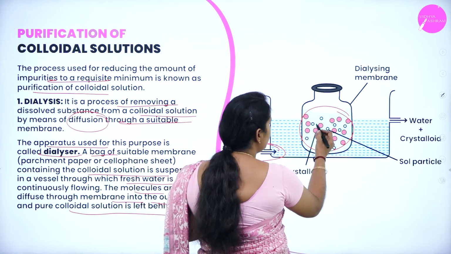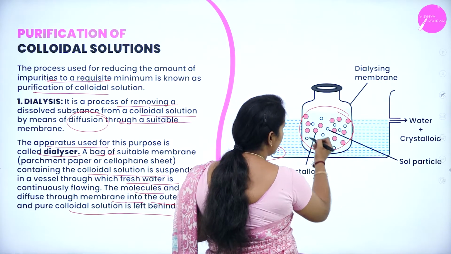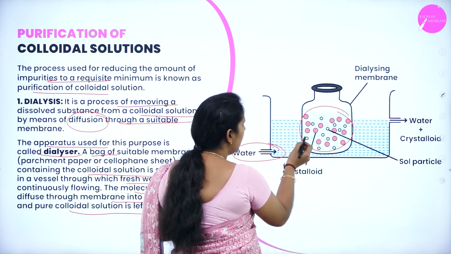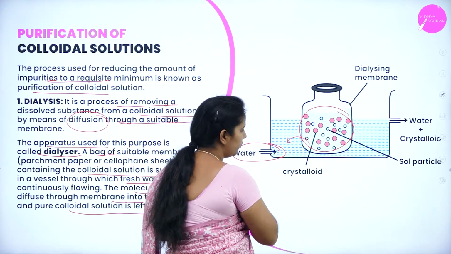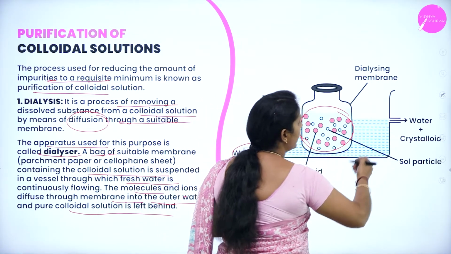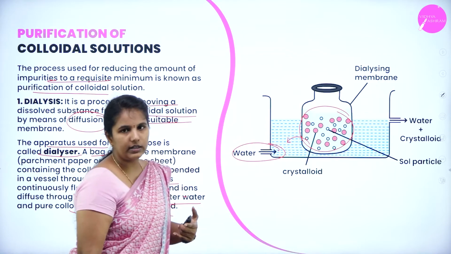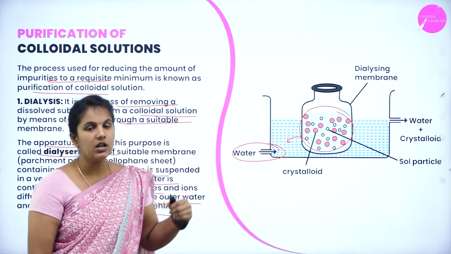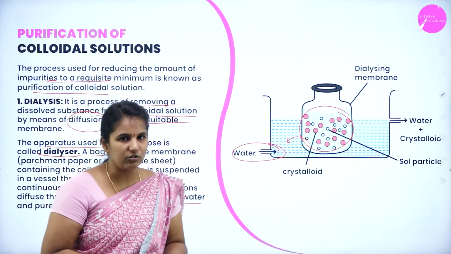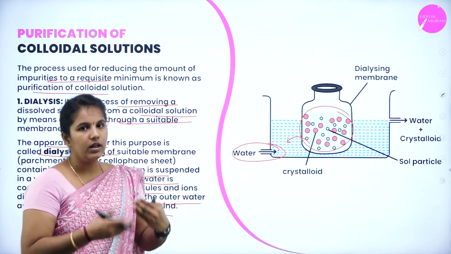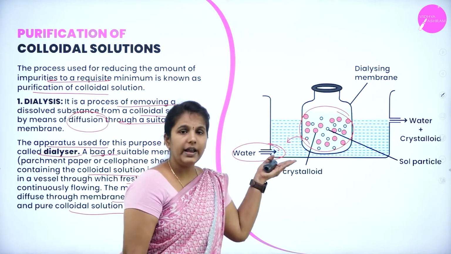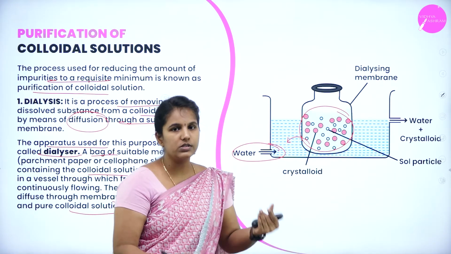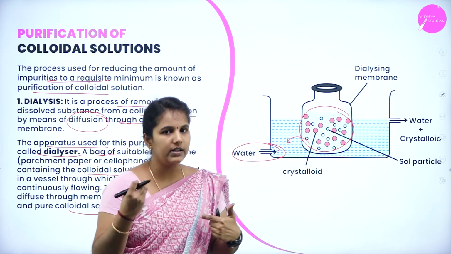Some of the soluble substances in your colloidal solution will diffuse into the water, and it will come out through the other outlet. Here crystalloids are nothing but soluble substances, or they may be in the form of electrolyte. They will come out and be removed, and the bag will be left with only the colloidal solution.